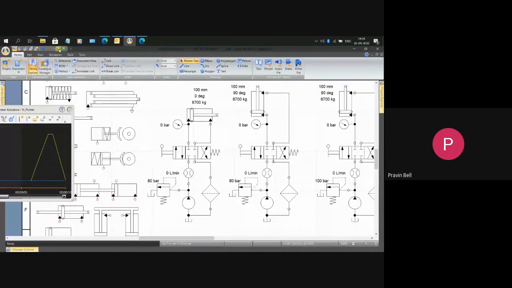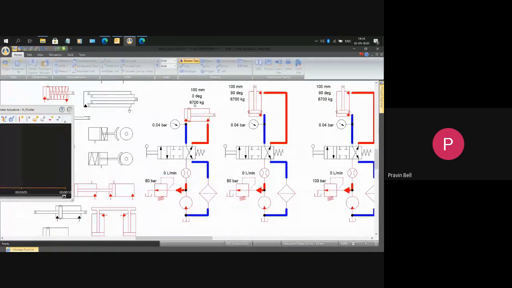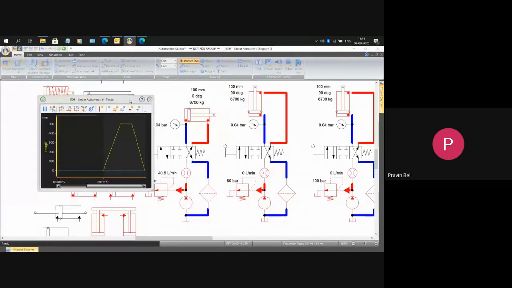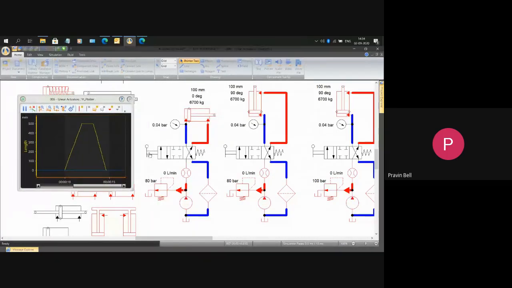So if I simulate this first circuit, 6.7 tons at 0 degrees, and 100 mm is the diameter of the piston, the piston extends properly. There's absolutely no problem here. In the graph, you can see the piston is extending, it is coming back.